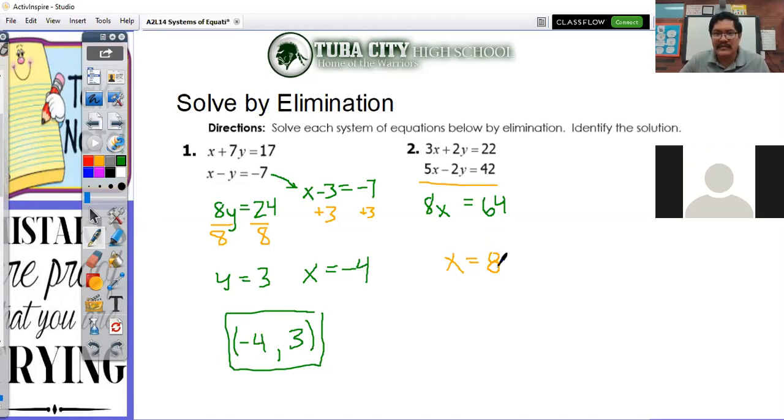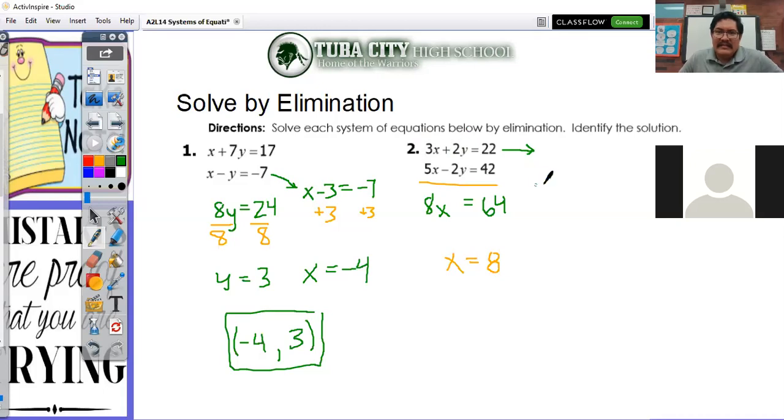So like I said, sometimes you can find one and use it to help get the other one. And now I just gotta pick one of my equations to plug it into. In this case, I don't really see any of them that are easier than the other. So I'm just gonna go with the top one only because we used the bottom one the last time.